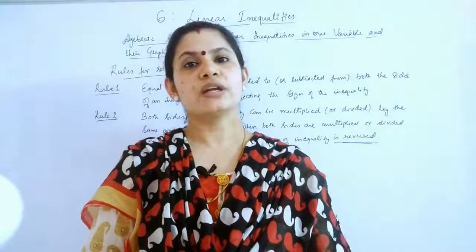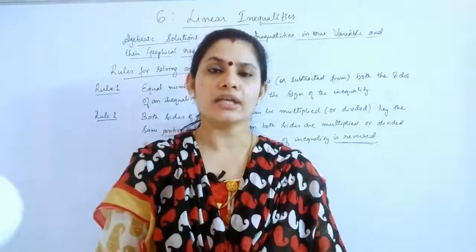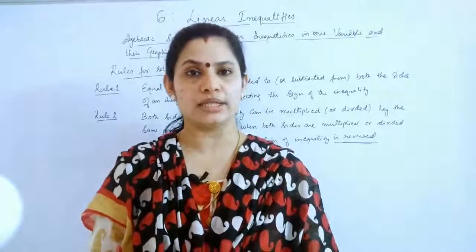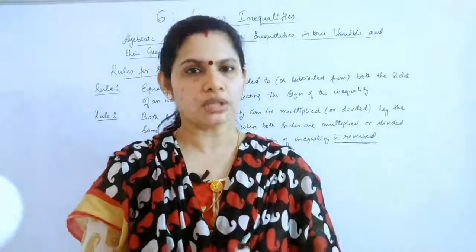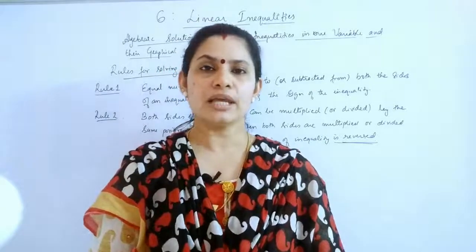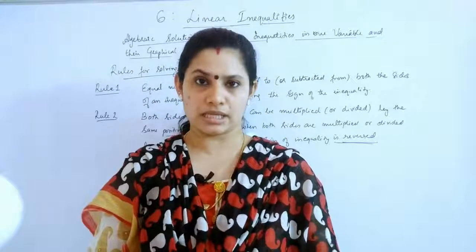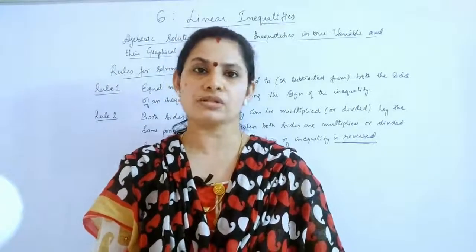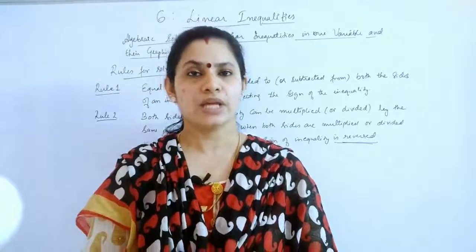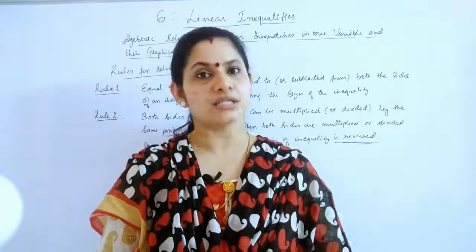Now, the rules for linear equalities: if you add or subtract the same value on both sides of the equality, the equality is not disturbed. If you multiply or divide both sides by the same non-zero number, the equality is also not disturbed. But for linear inequalities there are certain changes.